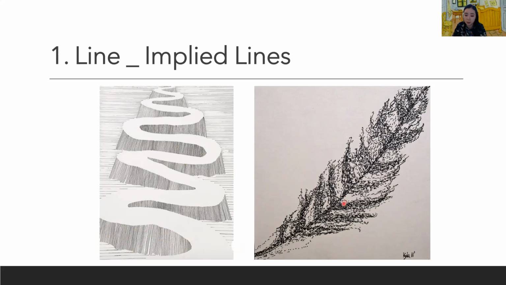And also, let's look at the right image. This is a feather drawing with dots, and there is no line in the feather drawing. However, the dots spread in the feather shape, so we can imagine there is a feather. So that is implied line.